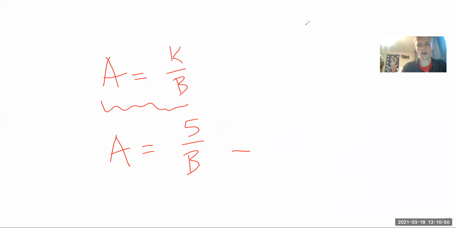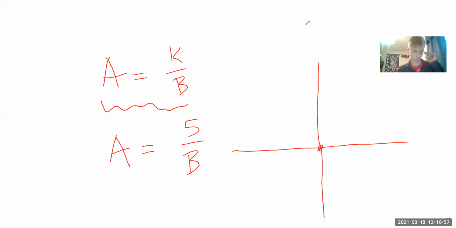And so if you graph this out, the real part about inverse variation is the graph here. So direct variation, as we said before, or directly proportional, is a line, right? A equals KB. Inverse variation is different. I don't think you can actually do B equals 0, but let's say we don't have B equals 0.